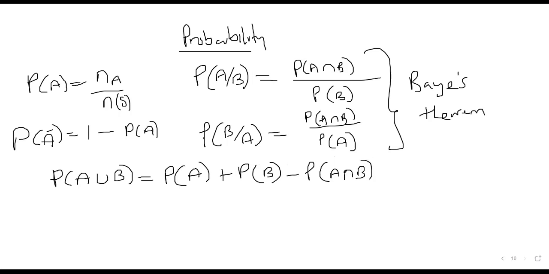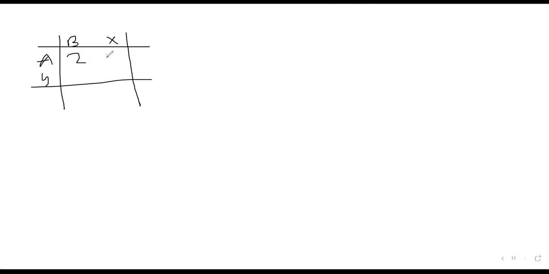I'm going to teach you some basic probability using what are called contingency tables. So in a scenario where you're given A, B, X, and Y, 2, 4, 6, 8, for instance, the first thing you need to do is to get the totals, the column totals and the row totals. Here we have a 6, here we have a 14, and here we have an 8, here we have a 12, the total is what? 20.